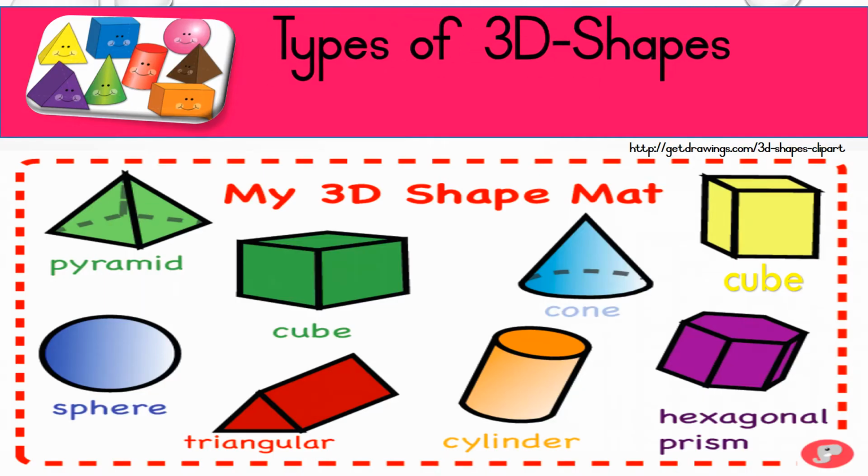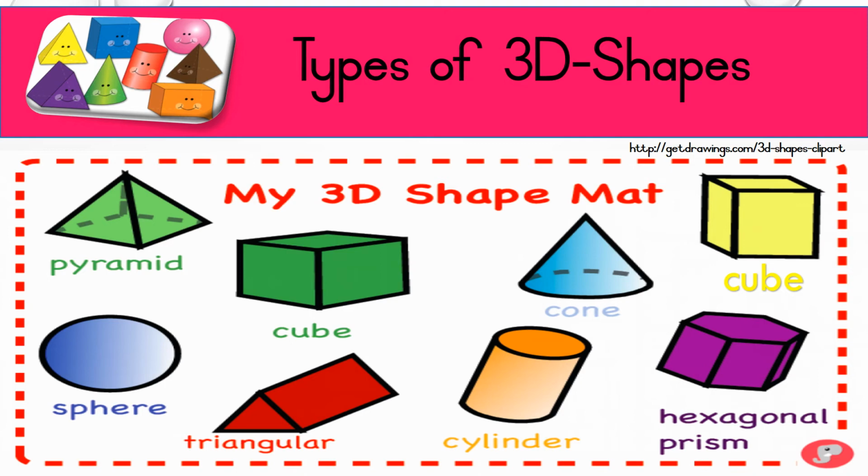Next we have our 3D shapes. A 3D shape looks like a 2D shape that came to life and is now walking and talking. So we have different shapes, a pyramid, a sphere that looks like the ball that you are playing with outside, a cube that looks like your Rubik's Cube, a triangular prism, a cylinder.